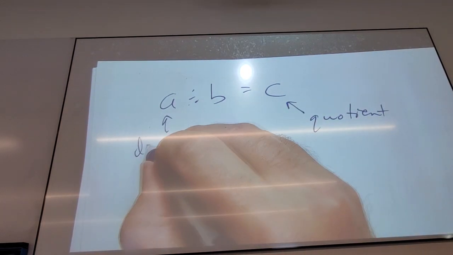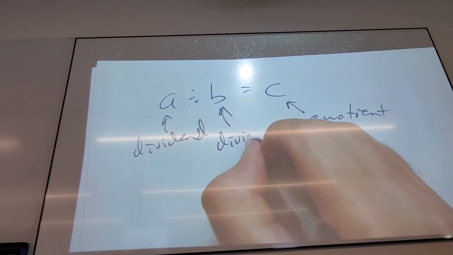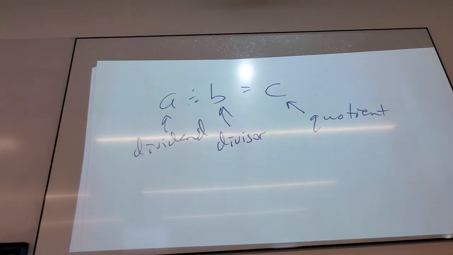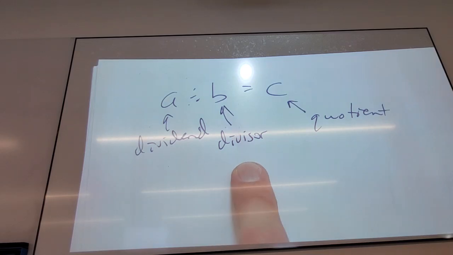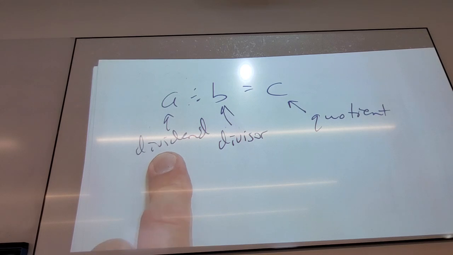This is the dividend, and this is the divisor. I'm not overly concerned with these words, except for quotient. That's a big one, right? Divisor kind of makes sense. It's what you're dividing by. Dividend sounds more like a stock thing, but we'll be all right.